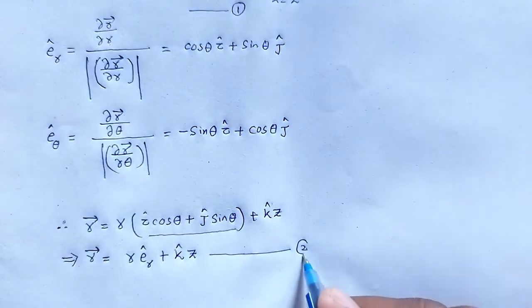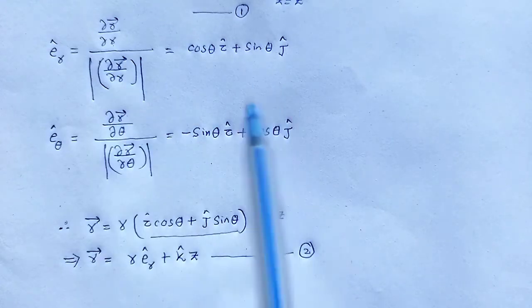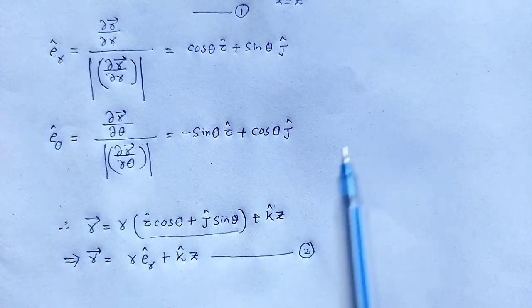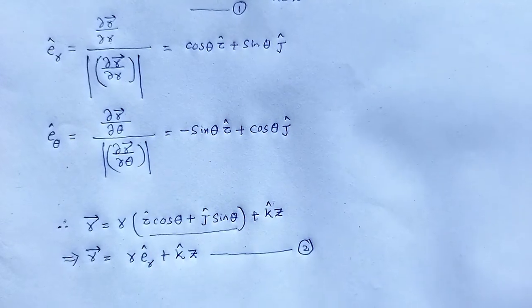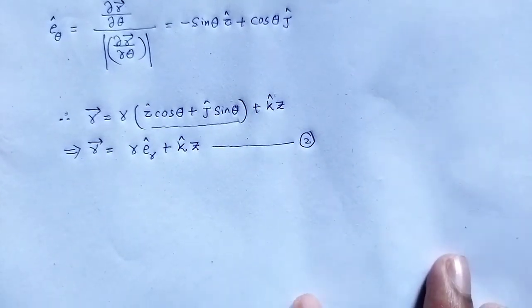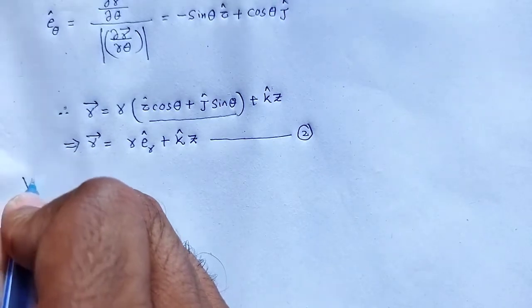Let this be equation number 2. Now I have the position vector r vector in terms of cylindrical coordinates. Now I find the velocity and acceleration using this position vector. First we derive the velocity and then the acceleration.